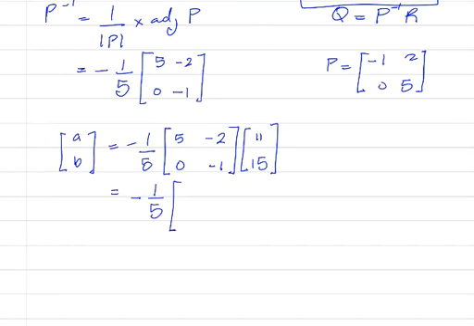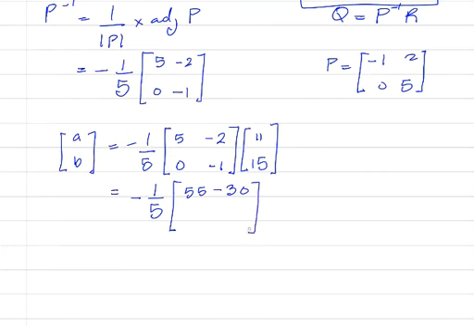Row by a column, first element in the row, first element in the column. So this is 5 times 11, which is 55. Second element in the row, minus 2, times second element in the column, which is 15. So it's minus 2 times 15, which is minus 30.